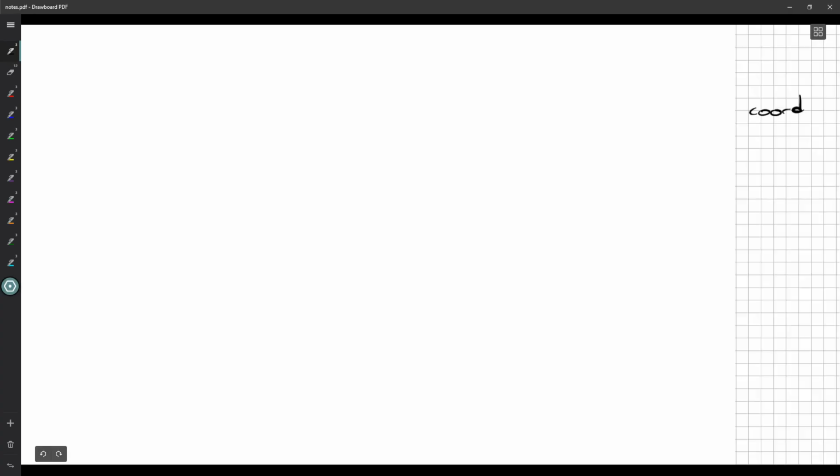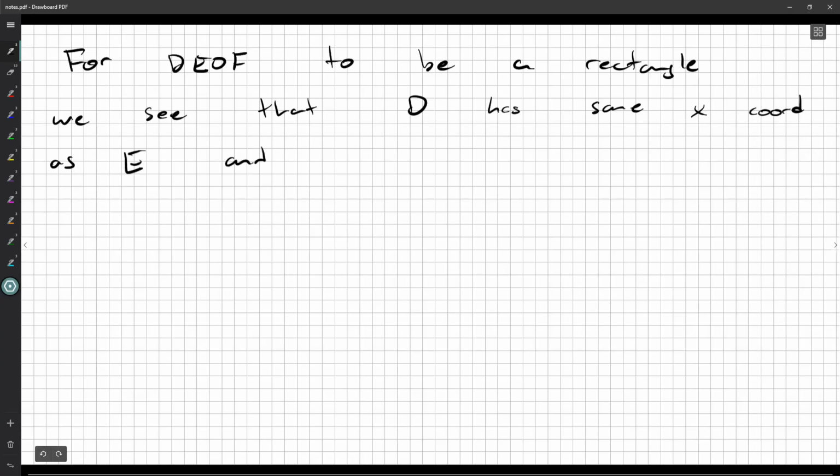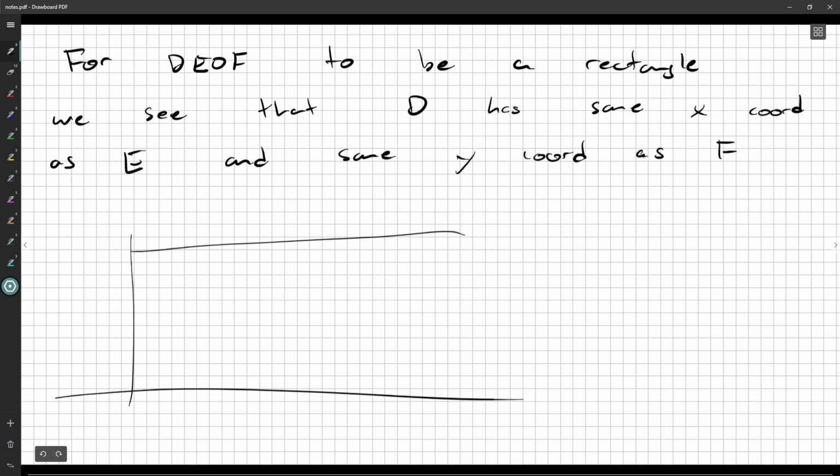F. Oh, E. Sorry. And the same y coordinate as F. Okay, because if it's a rectangle, we get these nice little sort of perpendiculars here.